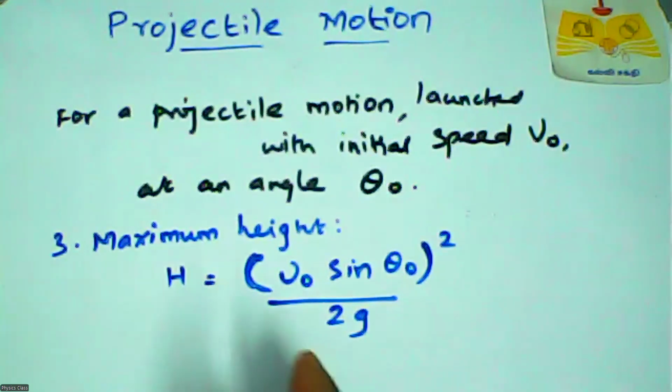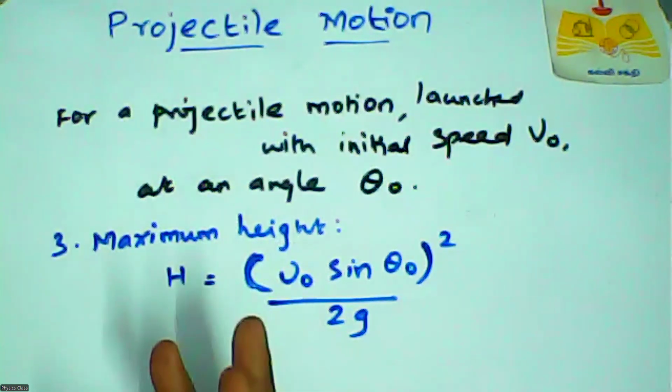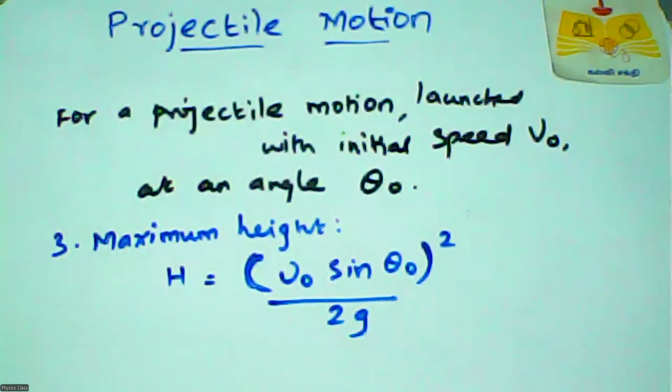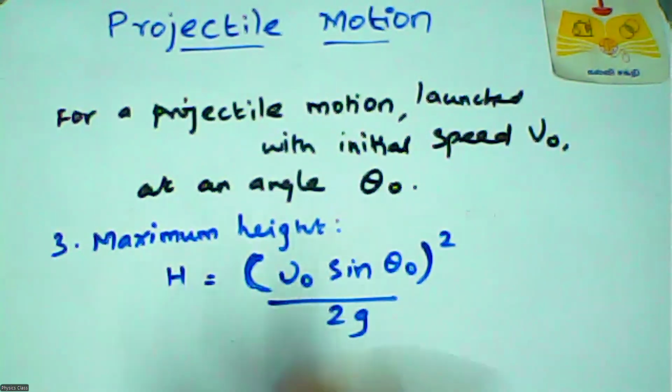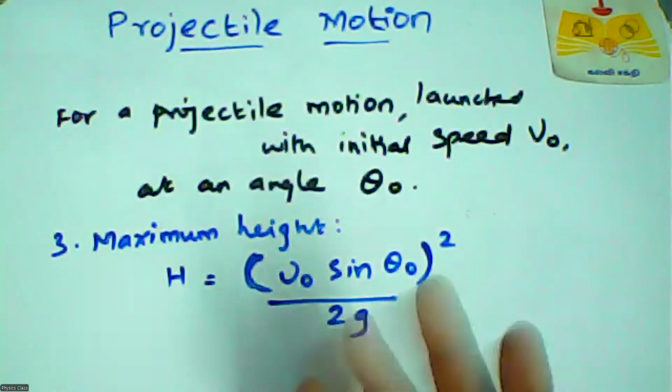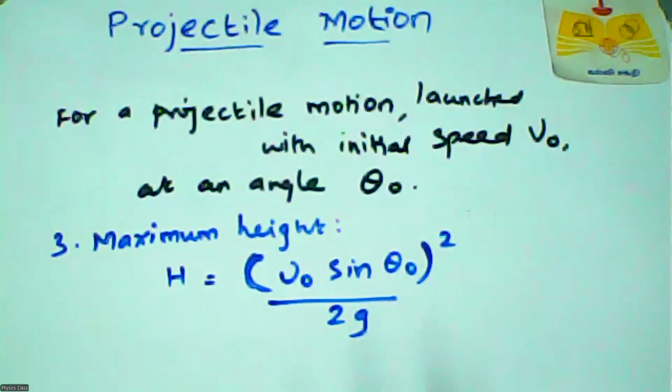you can see that in all three equations, there is no m. For example, in the maximum height equation, (v naught sine theta naught) squared by 2g, there is no m. In the time of flight, 2 v naught sine theta by g, there is no m. And in the range equation, v naught square sine 2 theta naught by g, there is no mass.